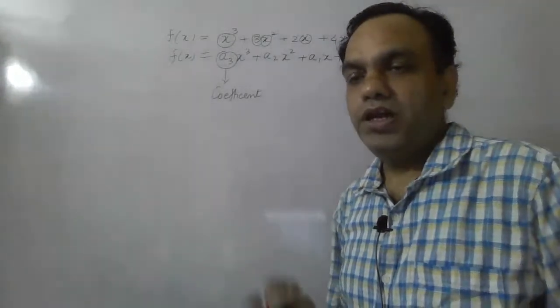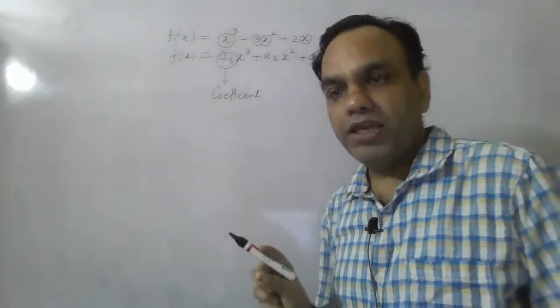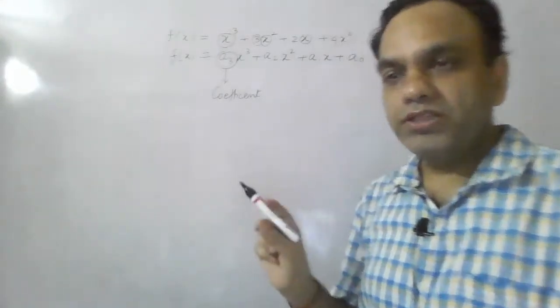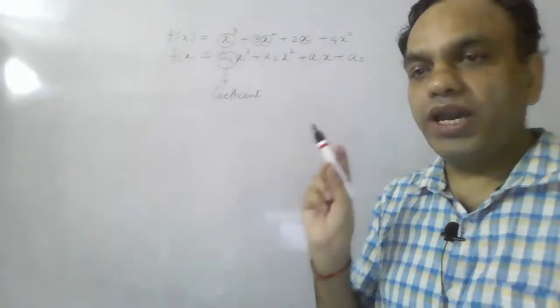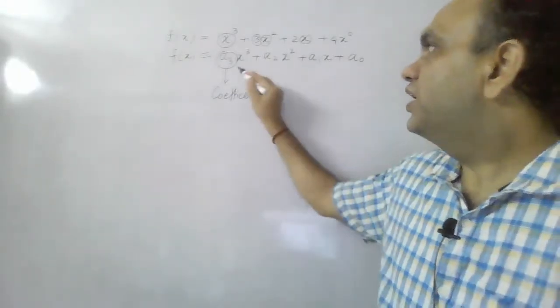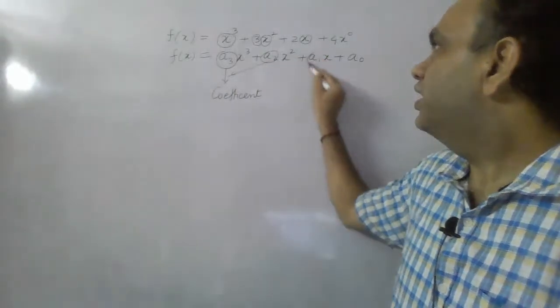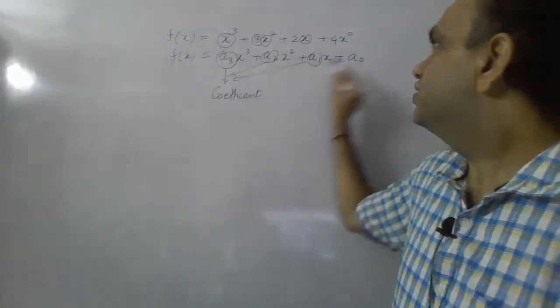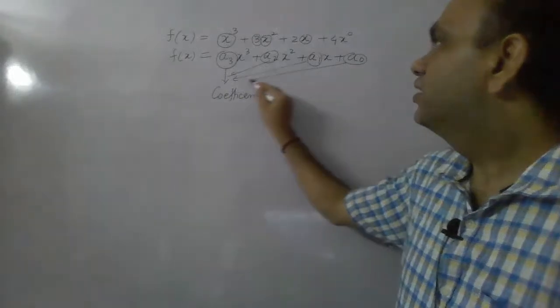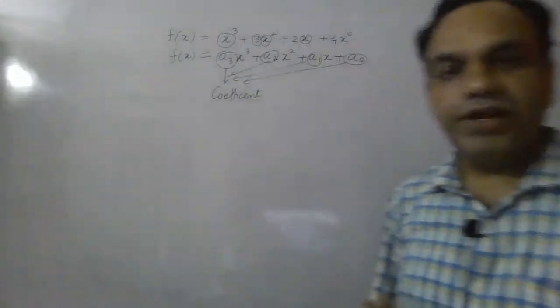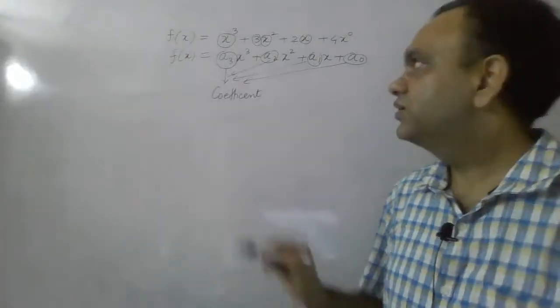Any constant multiplied with a variable power, that constant is known as a coefficient. So here a3, a2, a1, a0 are coefficients, but they are coefficients of different powers of x.